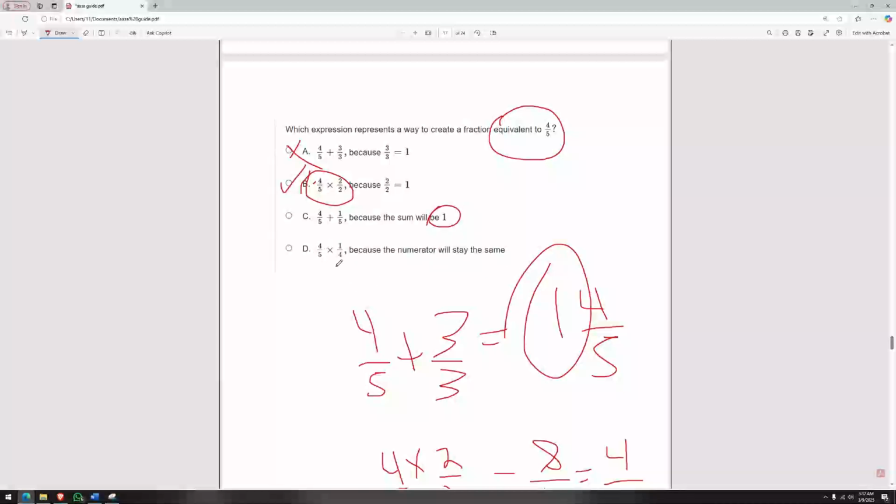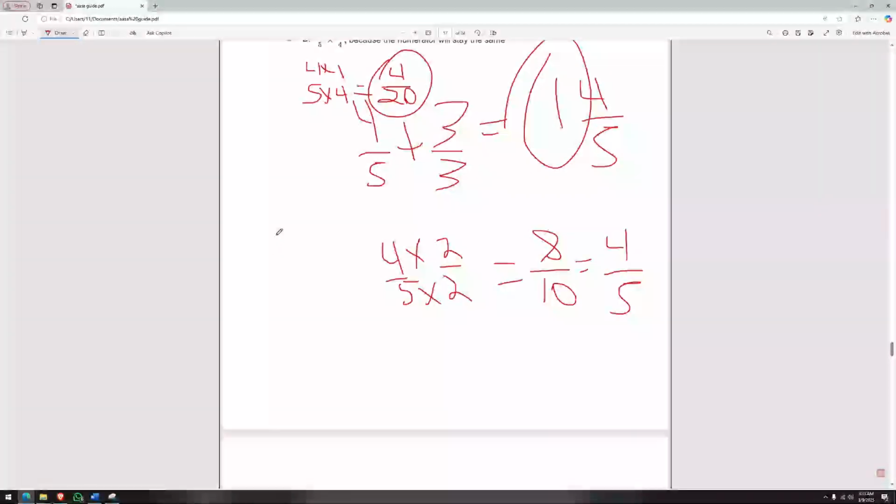And now this one. 4 times 1 and 5 times 4. 4/20. ¿Y es lo mismo? Si los comparamos, a ver. 4/20 equals to 4/5. Vamos a ver si es cierto. A ver, at what point they meet? At 5 times 4.